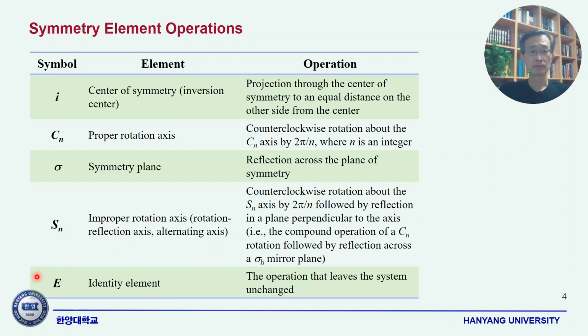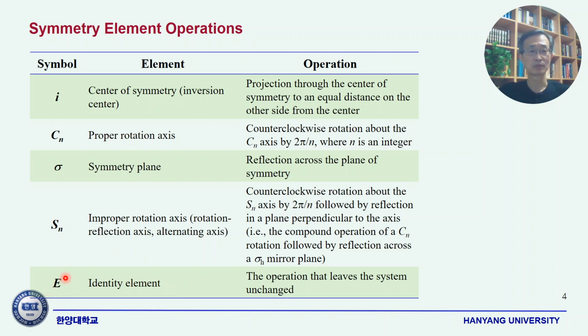And this is a very intrinsic or peculiar thing about symmetry operations: the identity element. All molecules have this operation because it just leaves it alone. The operation that leaves the system unchanged, just the same as it is. So that's the E operation. For the group of symmetry elements, we need this one. So the identity element, we call it the symmetry element or identity operation, just to leave it alone.